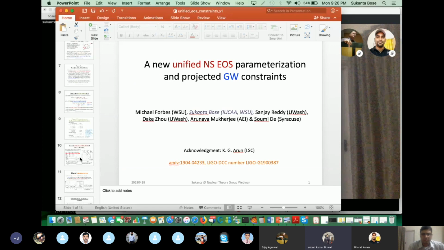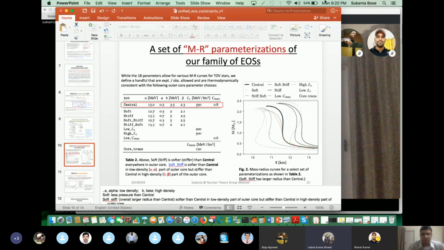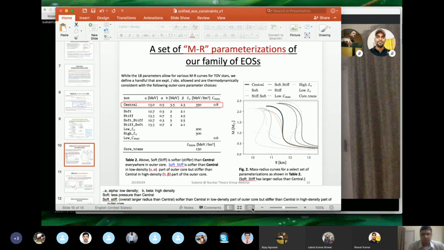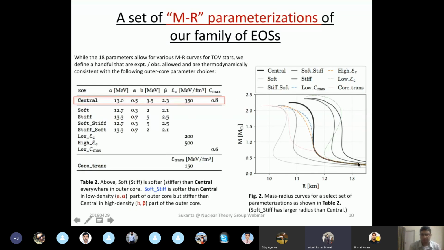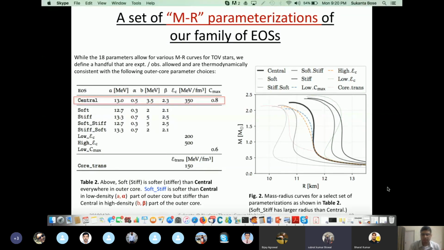Sir, in one of your slides, you have shown that there are so many stiff and soft equations of state. Here one thing I can notice is that when you change the equation of state from soft to stiff or vice versa, the radius changes too much, but not the maximum mass. Oh, good question.